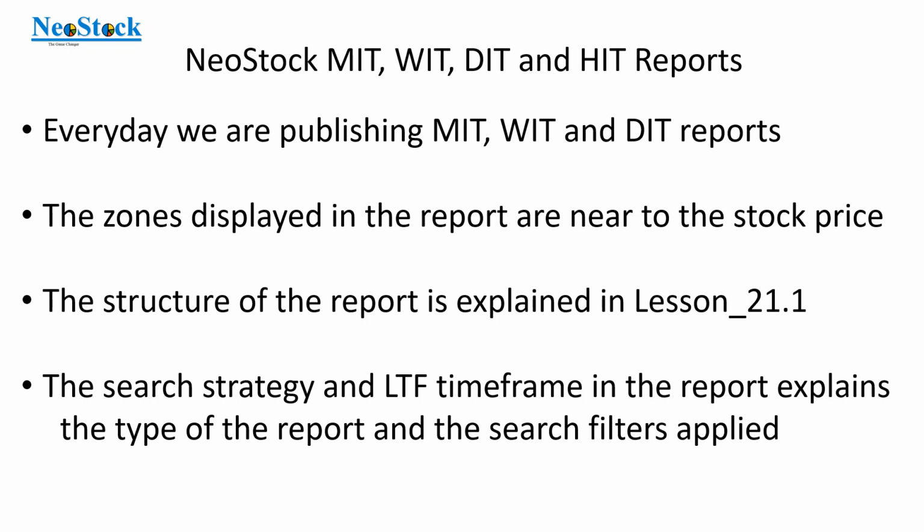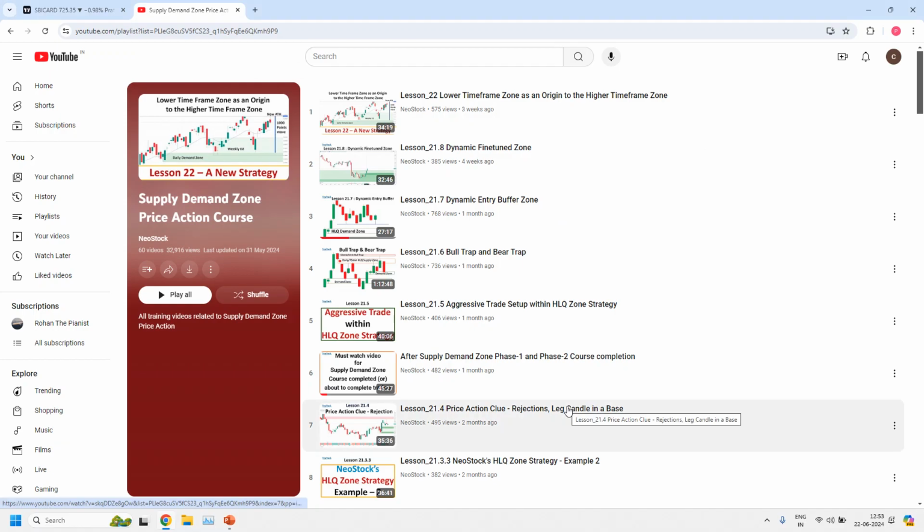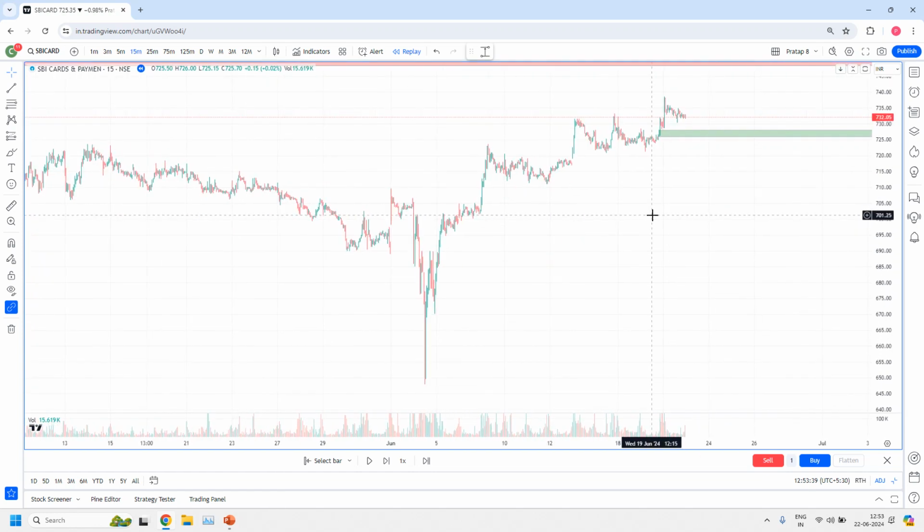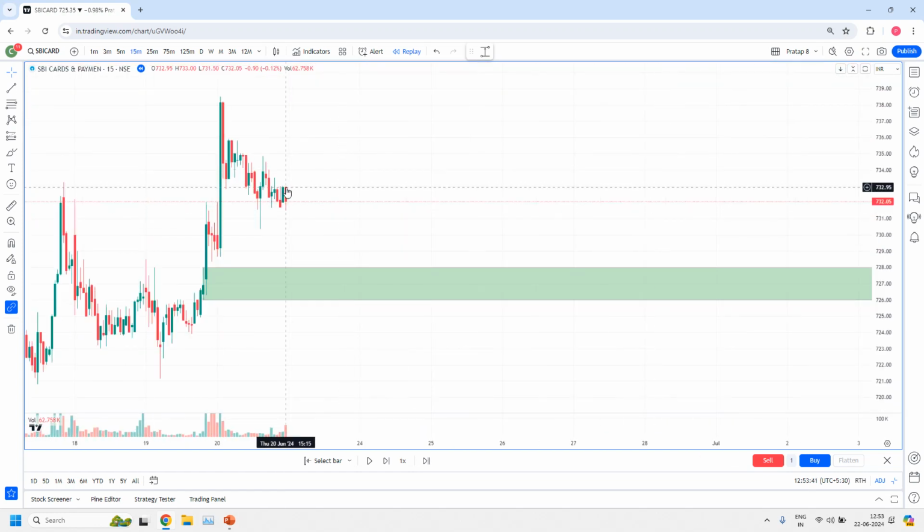And the other important point, which you people are missing, I will explain on the chart. The SBICARD. See, this is the SBICARD chart. Our software identified this on Thursday. What is the last candle?